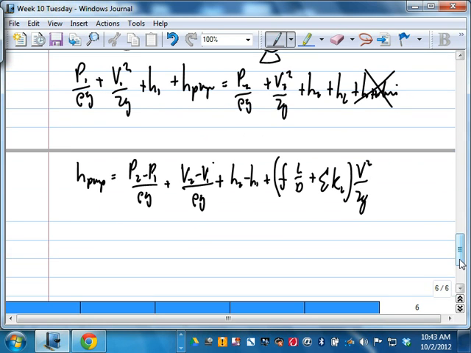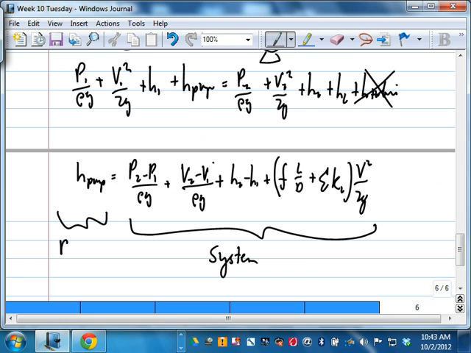All right. So this one we normally call the system. This one we call the pump. Oh yeah, the square got missing.